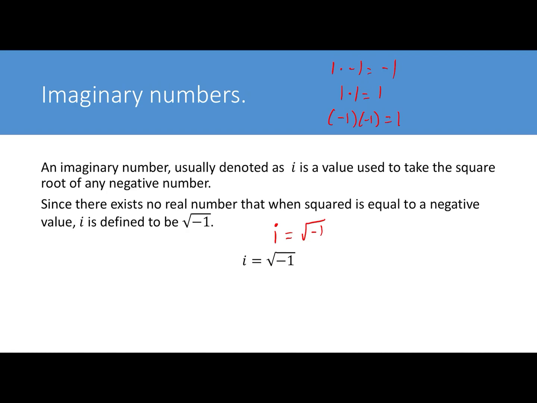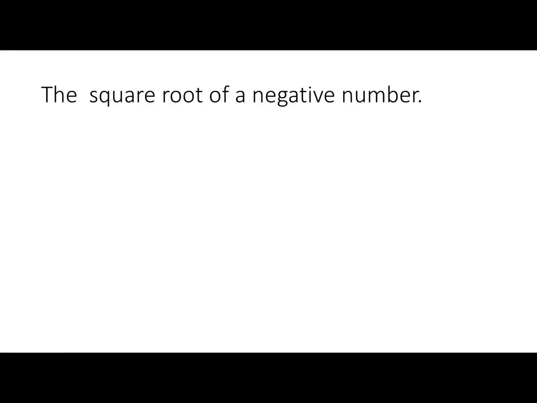So next, like I said, i is equal to the square root of -1, and let's look at how we really want to look at the square root of -1. So properties. If r is a positive real number, then the square root of -r is always going to be i times the square root of r.